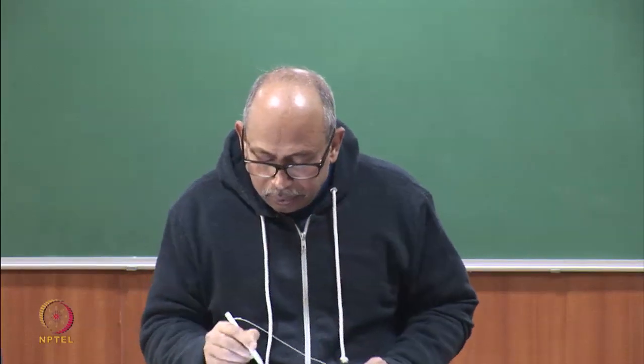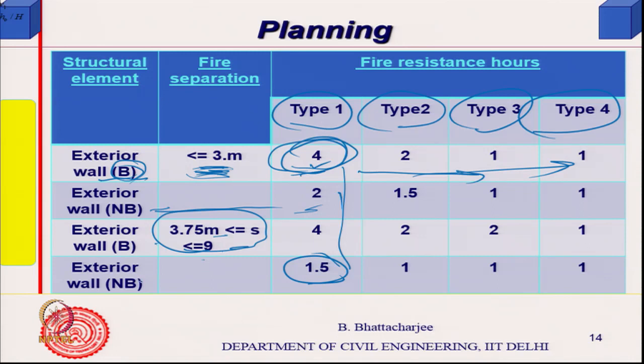So, type 1 construction, for example, if your exterior wall is non load bearing, will require 1.5 hours of fire resistance to qualify as type 1, while an exterior load bearing wall would require 2 hours of fire resistance to qualify as type 1.